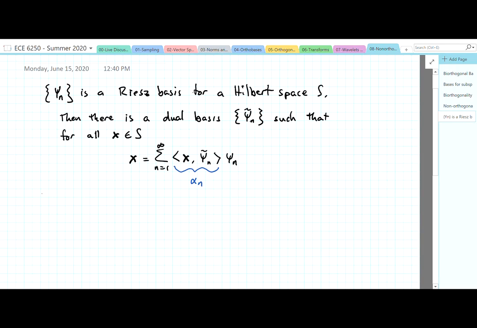But let's take a look at what goes on in the case of a Riesz basis, and that is that we will have a best approximation, and we can get a handle on the error, but the error is bounded essentially by a scaling factor of A and B.